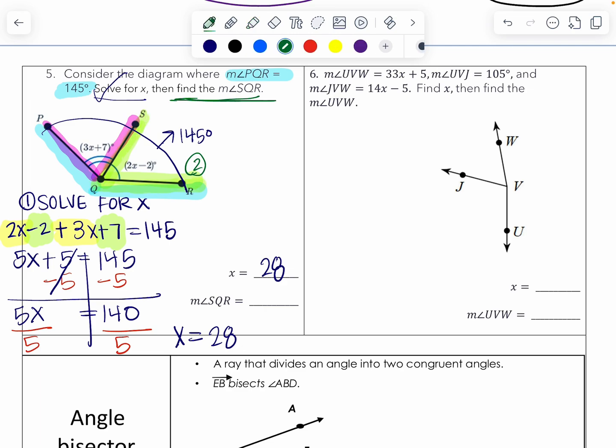And the green thing, the measure of angle SQR, is 2x minus 2. So all we are going to do is substitute in place of that x. We are going to write what x is equal to, which is 28.